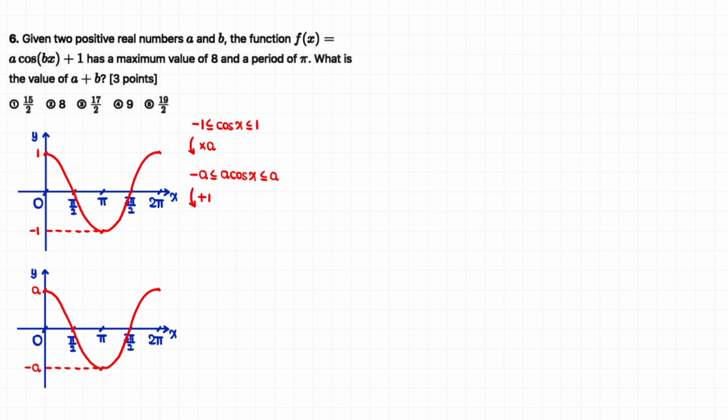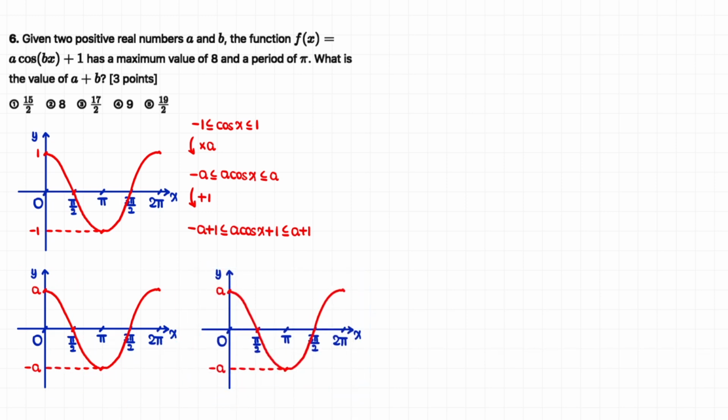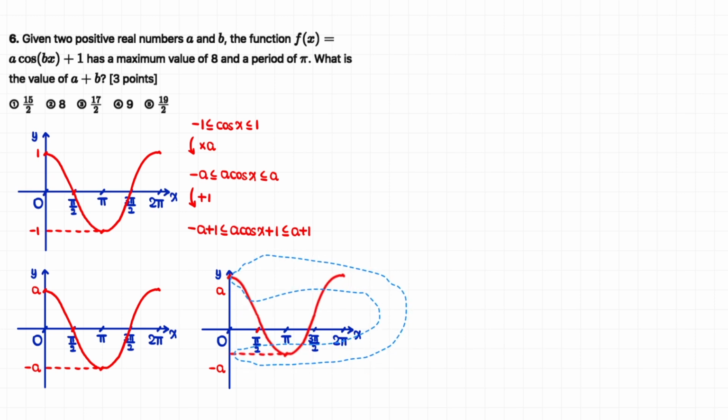Let's add 1 to all parts of that inequality: negative a plus 1, a times cosine of x plus 1, and finally a plus 1. So move everything up by 1. Then it'll look something like this. And therefore the maximum is a plus 1, and the minimum is negative a plus 1, according to that inequality.